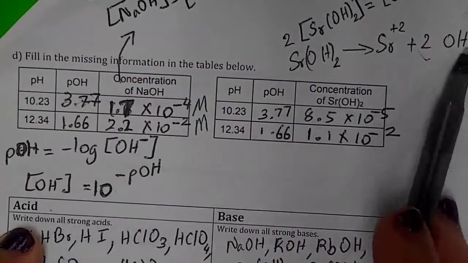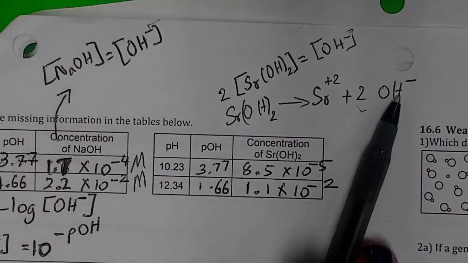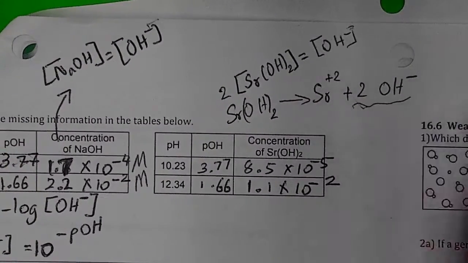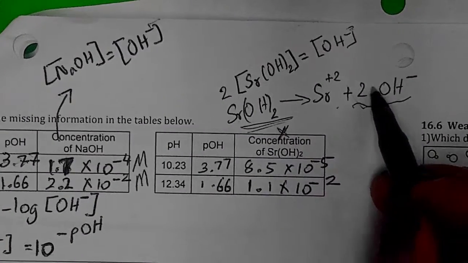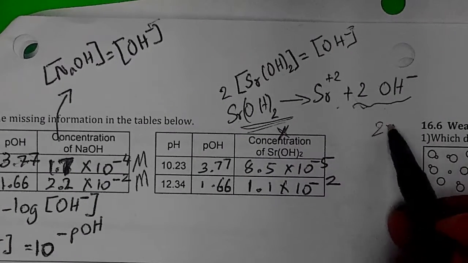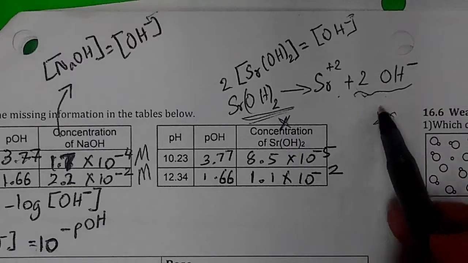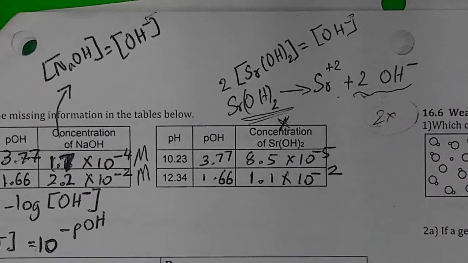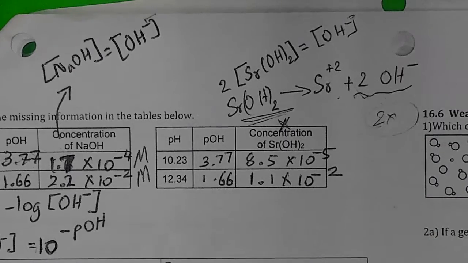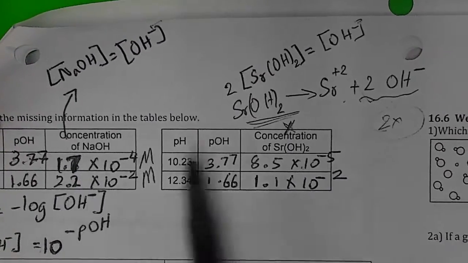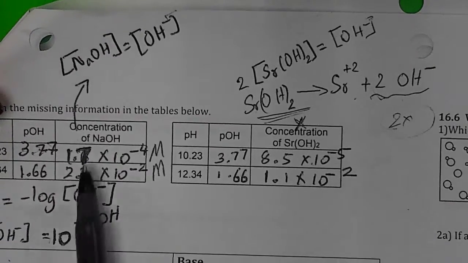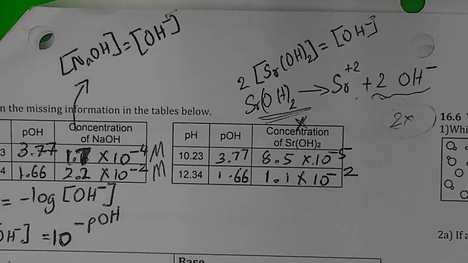That means if I have X amount of this, how much would I have here? 2X. This is 2X that you guys are getting. So if I want to find X, what would you do? There you go. That's why I divide this side by 2 to get this. I don't know if you noticed they have the same pOH.